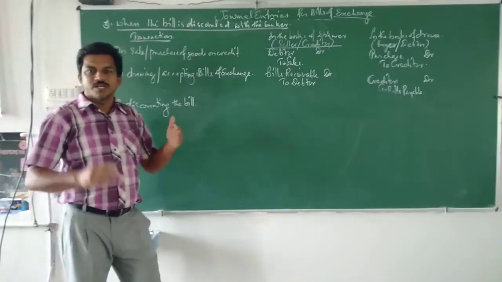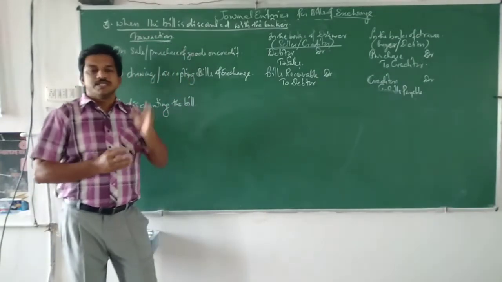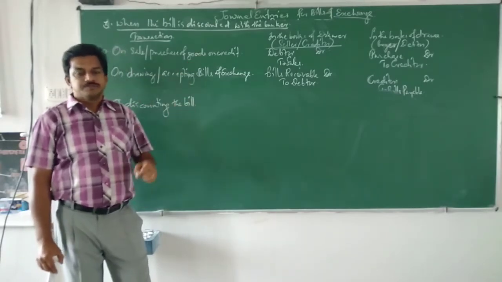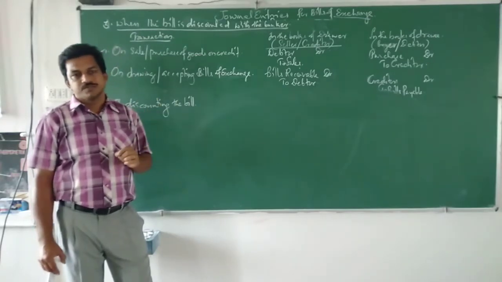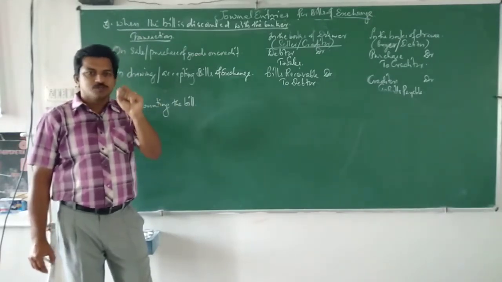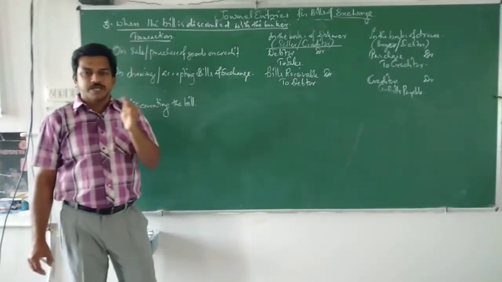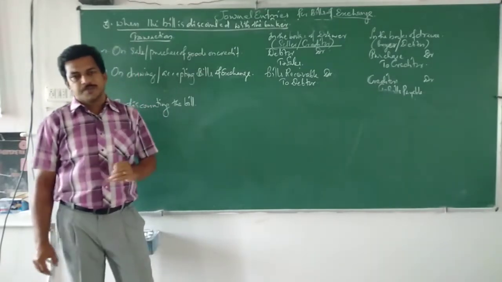We have told that 50,000 rupees, that example we have told, he discounted the bill for 50,000 rupees with the banker. So the banker allowed him a discount. The banker charged a discount of 1,000 rupees and the remaining 49,000 rupees is given to the drawer.